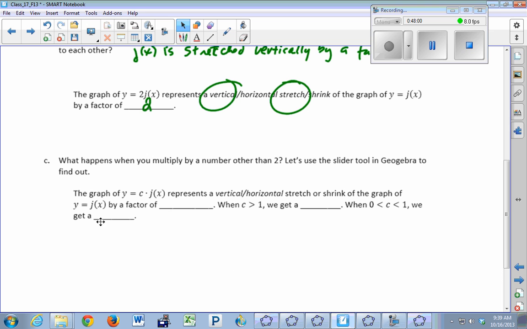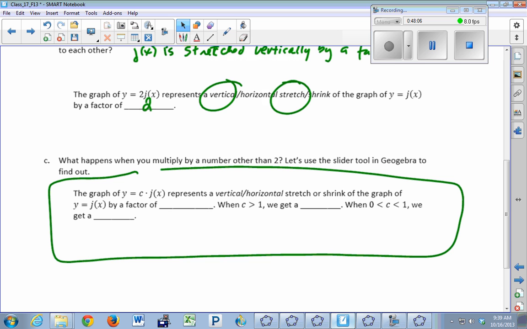So we say that by looking at the following general cheat sheet statement. If you're acting outside the graph with a multiplier, c is a multiplier, it represents a vertical stretch or shrink of your original graph by a factor of c. When c is greater than 1, we get a stretch.